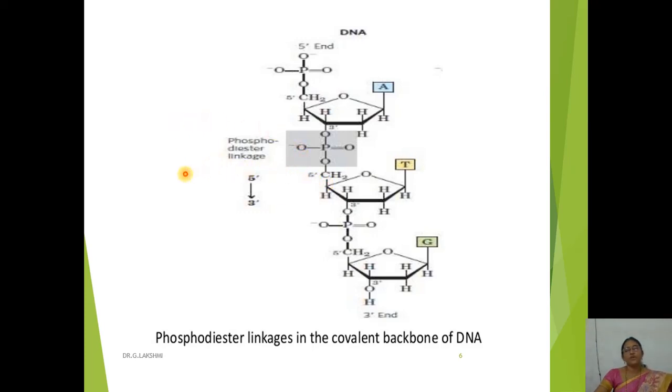Here two pyrophosphates and two water molecules are released. So the phosphodiester linkage joins the two sugar molecules in the strand. Thereby in a 5 prime to 3 prime direction, the 5 prime phosphate is left free, and the 3 prime carbon group is attached to another sugar through phosphodiester linkages.